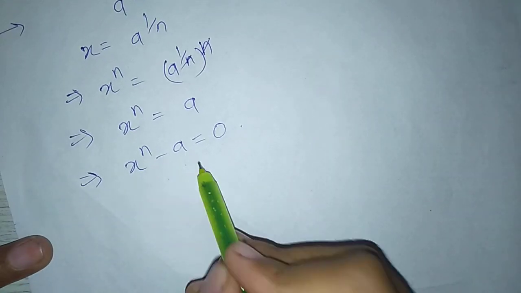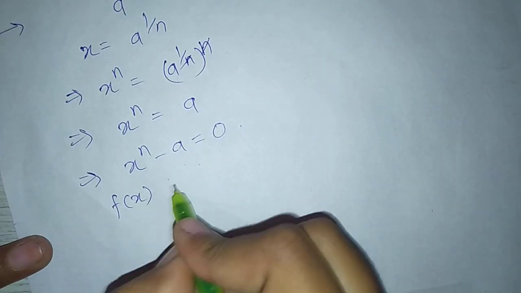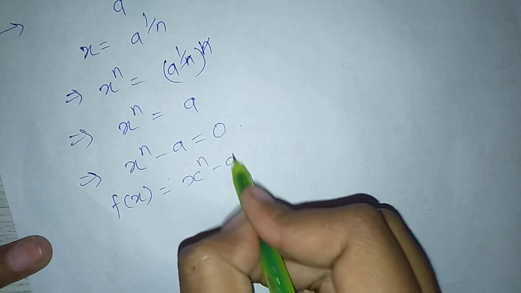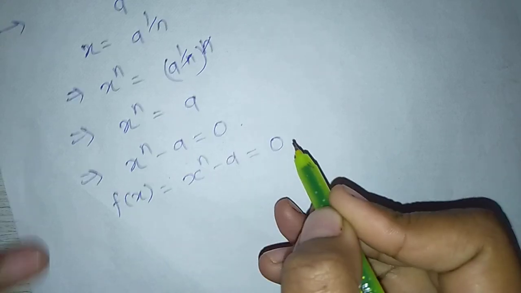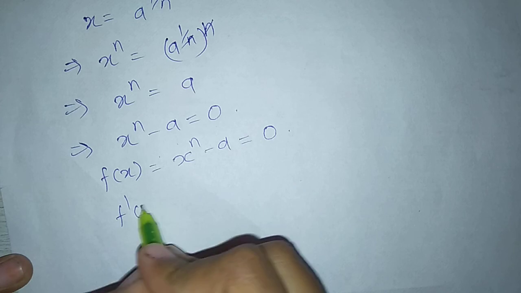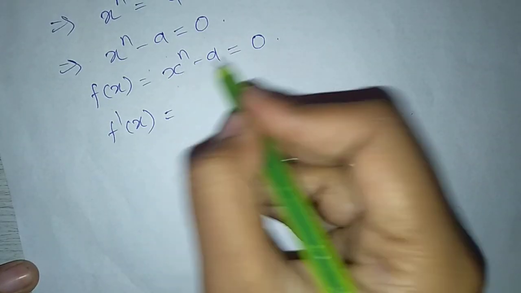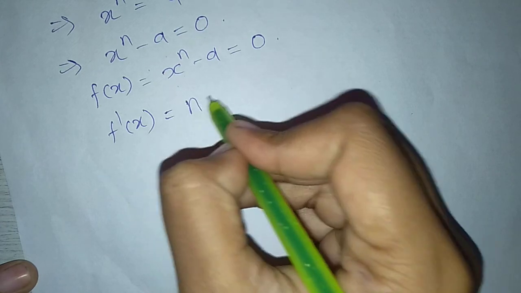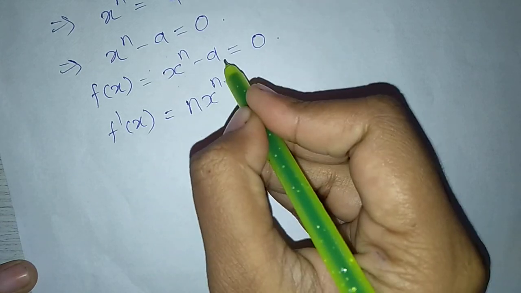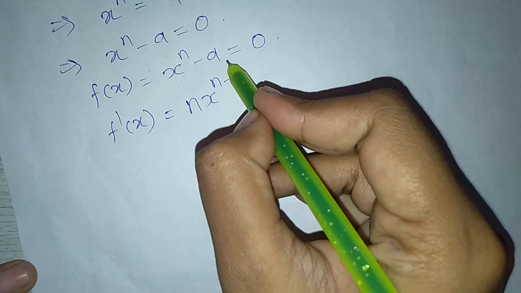Hence, we get f(x) = x^n - a = 0. f'(x) is the derivative of x^n - a, which is n x^(n-1), and the derivative of a constant is 0.